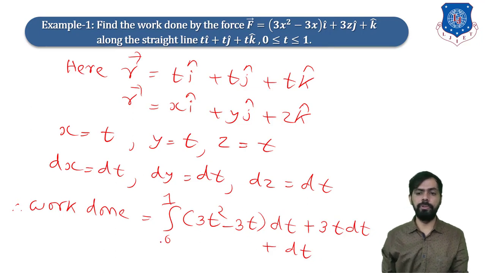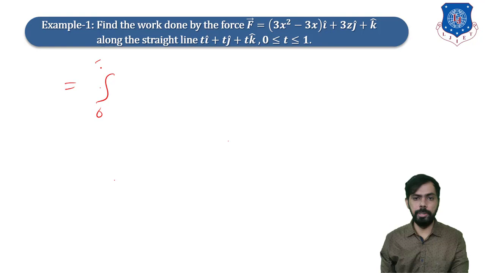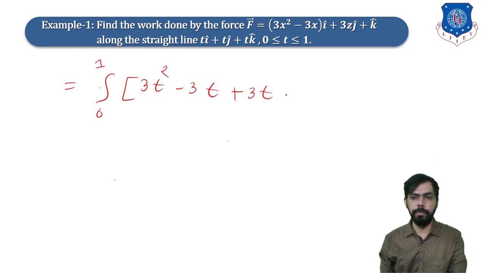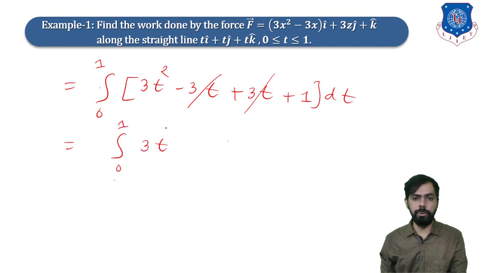Now we will simplify this. So this will be equal to the integration from 0 to 1 of (3t square minus 3t plus 3t plus 1) dt. So 3t cancels out, so the integration from 0 to 1 of (3t square plus 1) dt. The integration of t square with respect to t will be t cube by 3, and the integration of 1 with respect to t will be t.